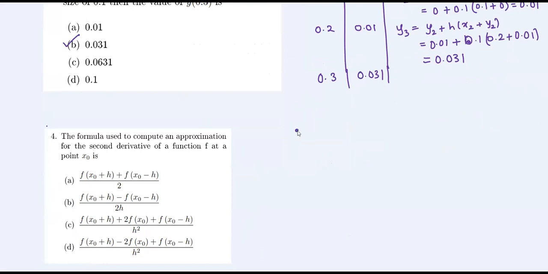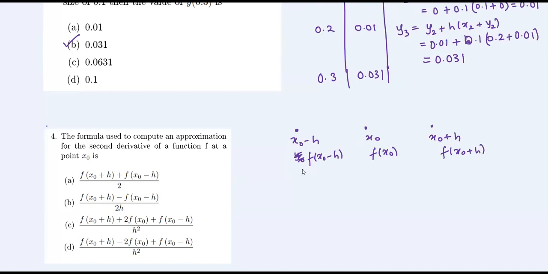See, there is x naught minus h, x naught, and x naught plus h. This is not a differential equation problem, but how do you write the second derivative? Correspondingly, the y values are f of x naught minus h, f of x naught, and f of x naught plus h.